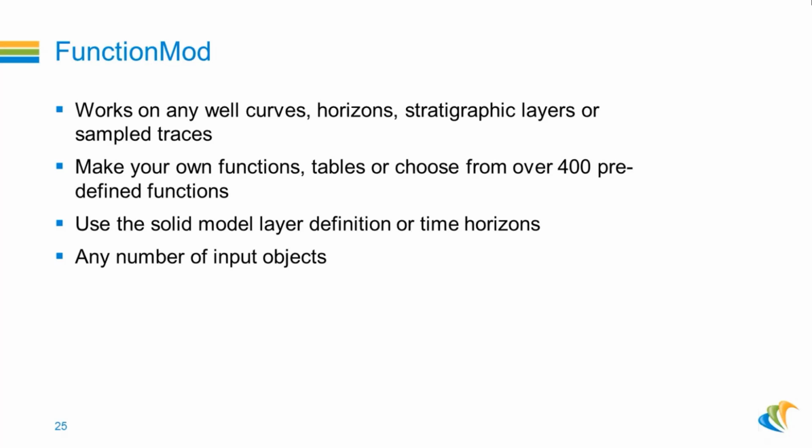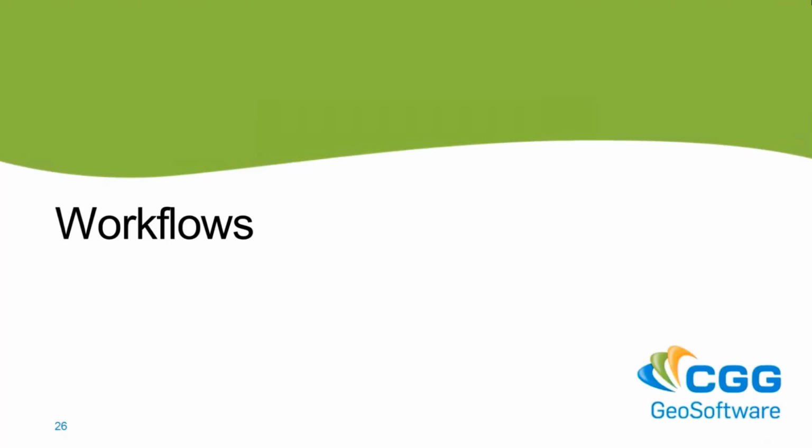You can use a solid model layer definition, or you can use time horizons, and you can use any number of input objects to define your functions. It's a very flexible tool, and we use it all the time to generate, for instance, models for synthetic forward modeling.